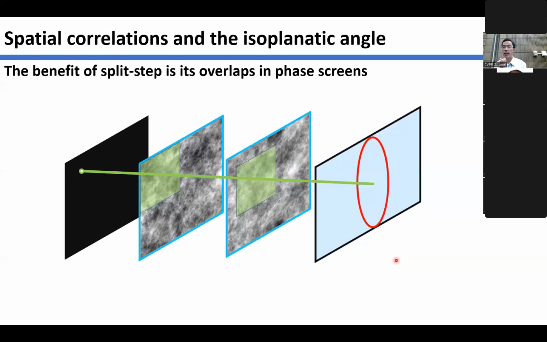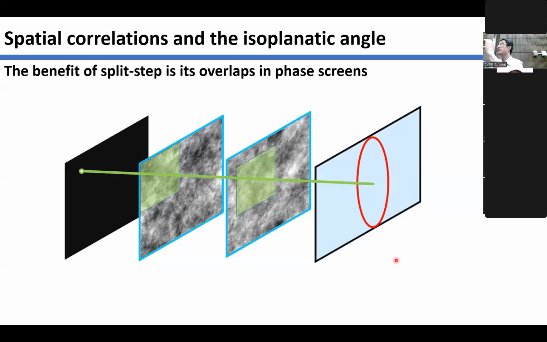The reason is that as you are propagating through this path, remember that the circle becomes bigger and bigger, and eventually they will overlap. That kind of growth and overlap will give you the correlation. Why? Because let's say you have 2 points and they start to overlap.